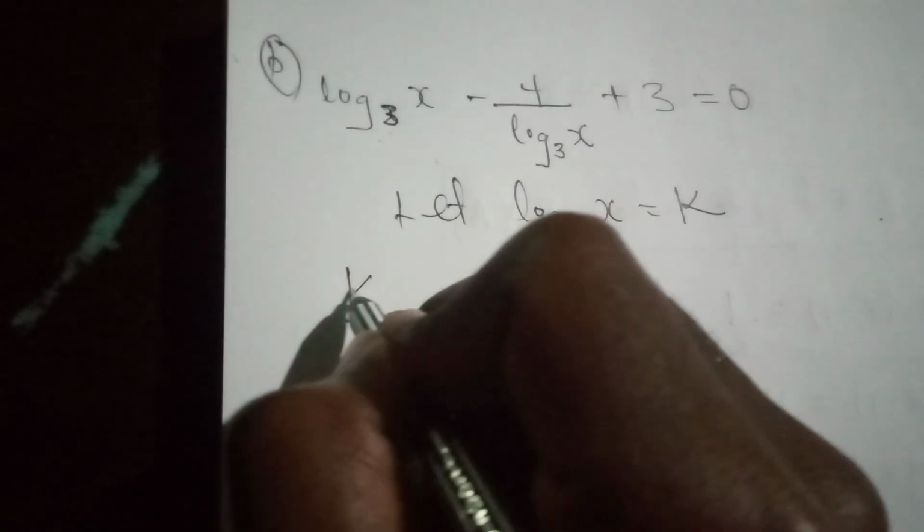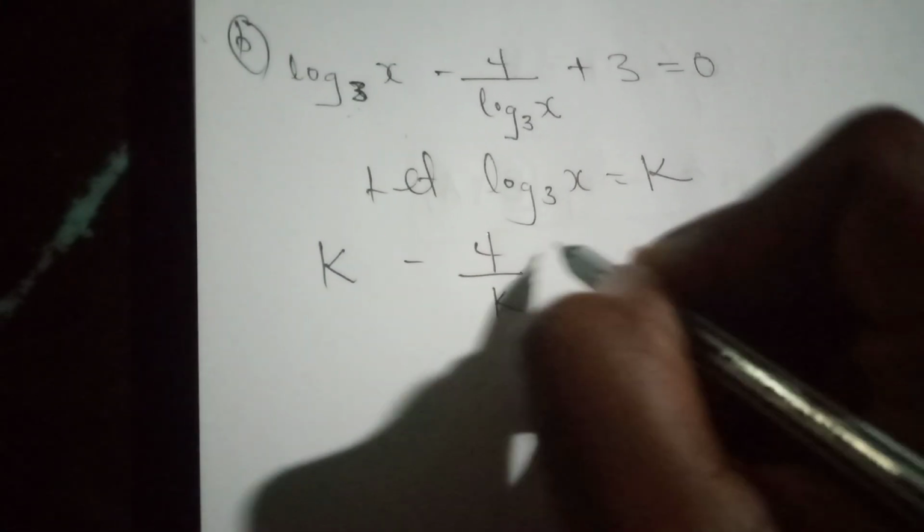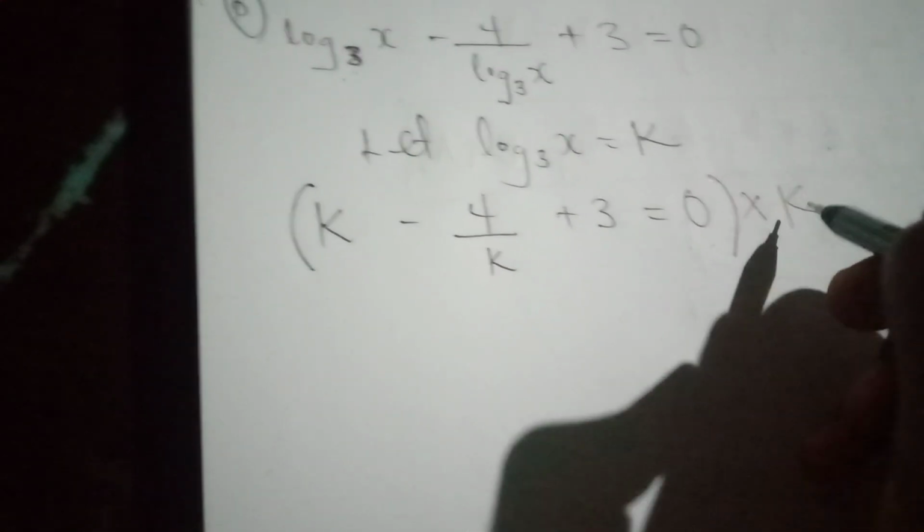So that is k minus 4 over k plus 3 is equals to 0. So multiply the equation by k.